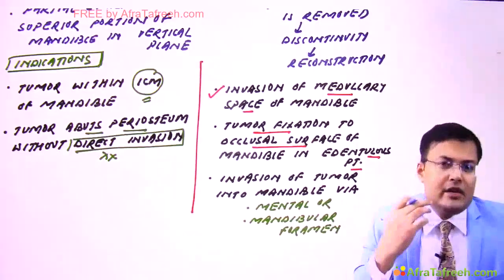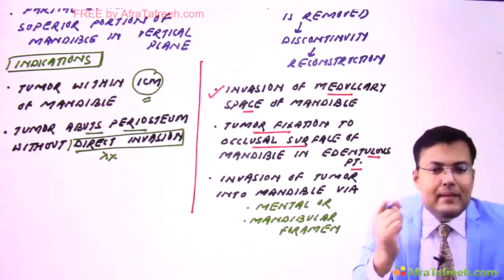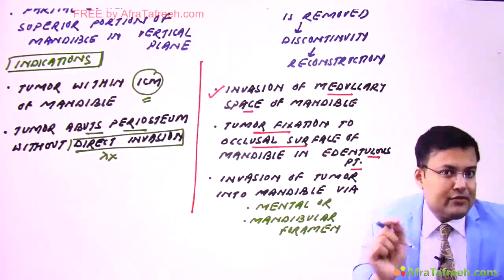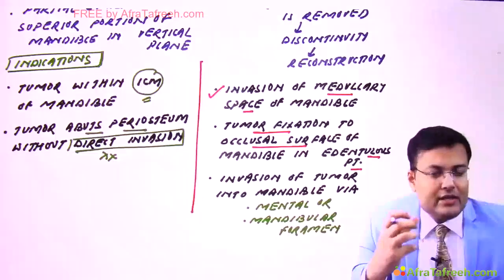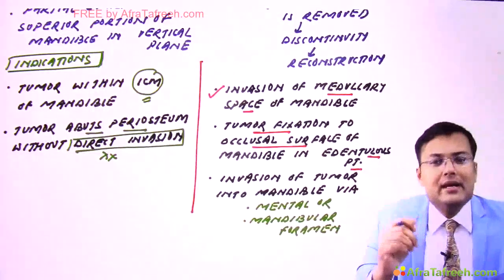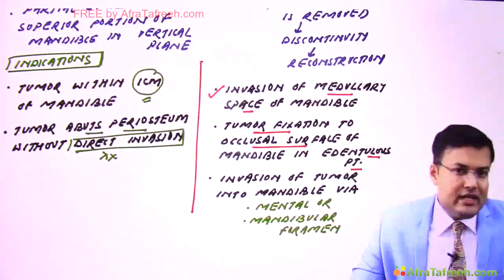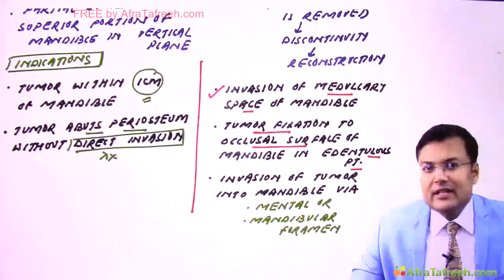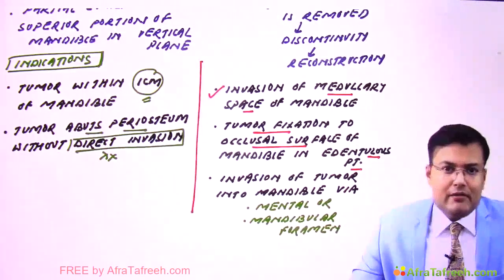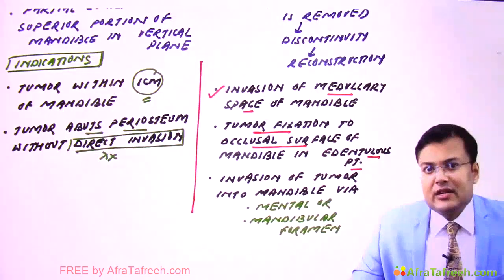Sometimes there is involvement of mandible via mental foramen or mandibular foramen, and whenever these foramens are involved and there is invasion of mandible, in that case also we have to go for segmental mandibulectomy. So these are the indications of segmental mandibulectomy, and after segmental mandibulectomy we have to go for reconstruction.